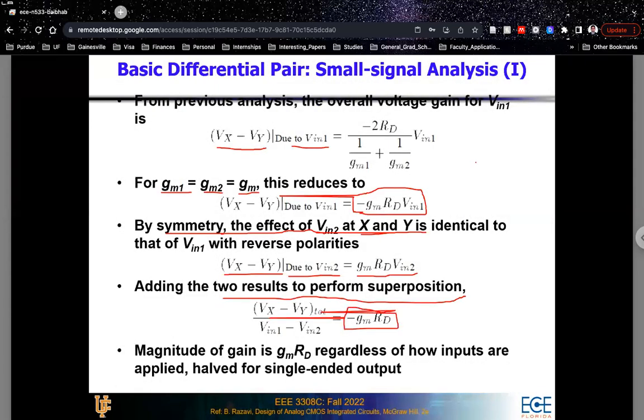So as you know, till now what we have learned is that even with this differential amplifier, your voltage gain will be similar to what you have learned with common source. With common source, the gain was minus gm times Rd. When you have two common source transistors and use them in a differential amplifier, you still get minus gm times Rd. That's your overall voltage gain.